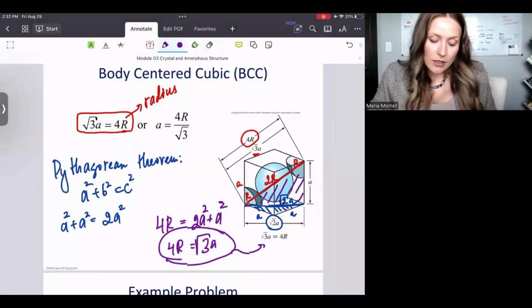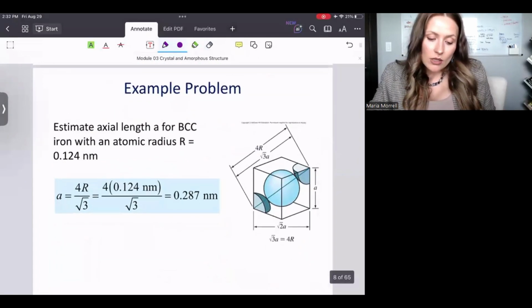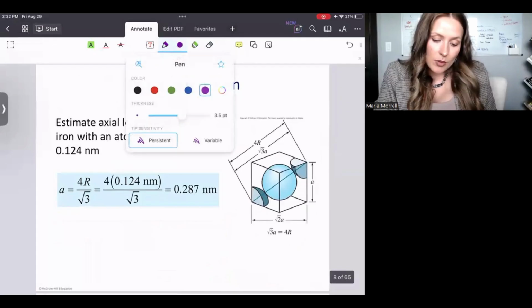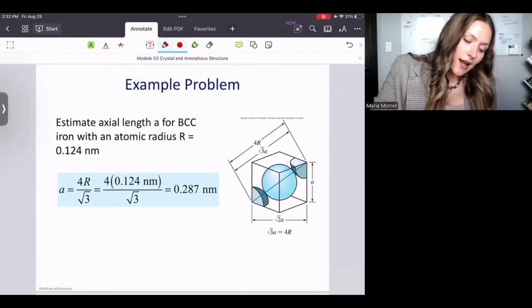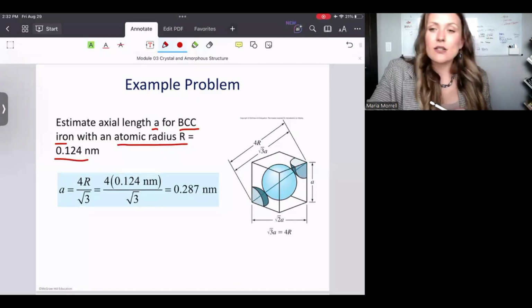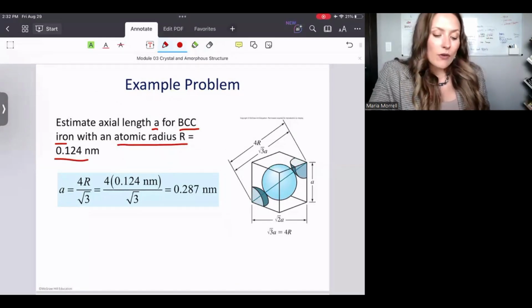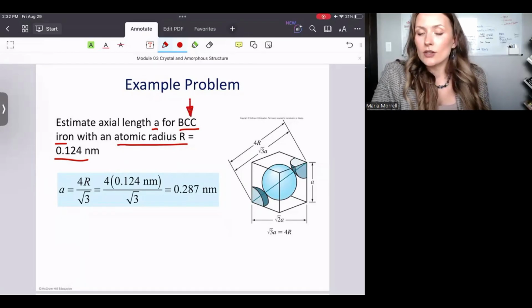How do I apply it to a specific problem? Well, let's look at the example problem right here. Estimate axial length A for a BCC iron with an atomic radius, and the radius is given. Well, first thing I need to identify is the crystal structure, right?